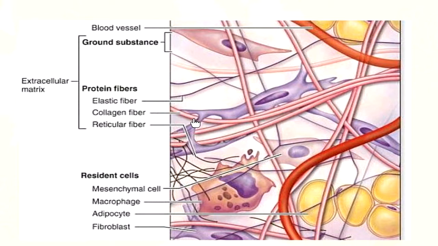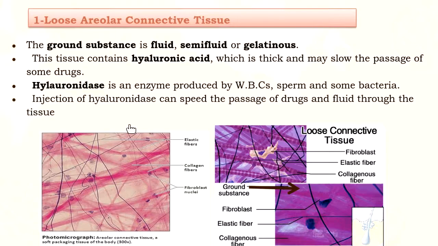And this is the complete ground substance here. See, this is the ground substance, and this is the blood vessel. This is the photograph showing the arrangement of the connective tissue with different components. Next is the loose areolar connective tissue. The ground substance is fluid, semi-fluid, or gelatinous.